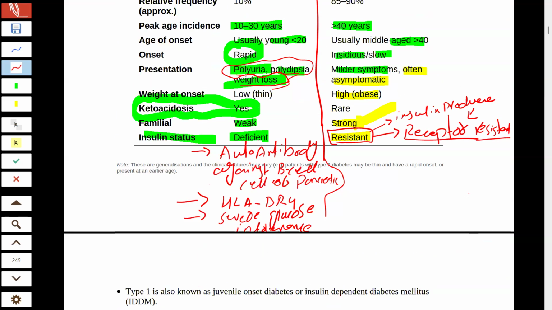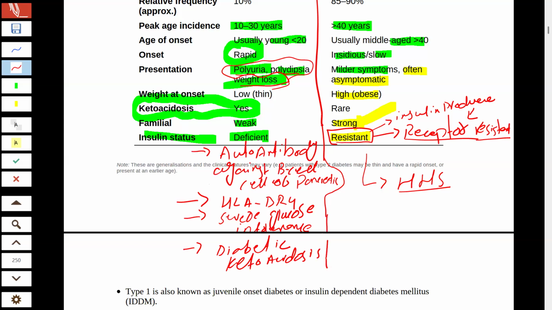Type 2 diabetes goes into a hyperosmolar hyperglycemic state, and type 1 diabetes mellitus goes into diabetic ketoacidosis. Why do ketones form in type 1? Because there is no insulin in the body.